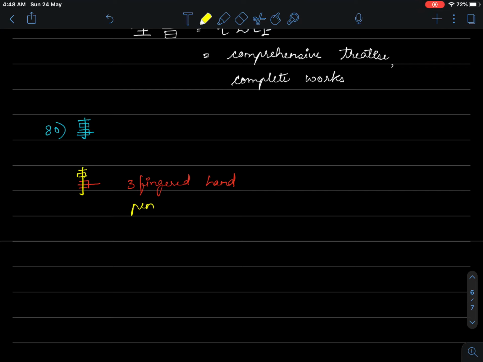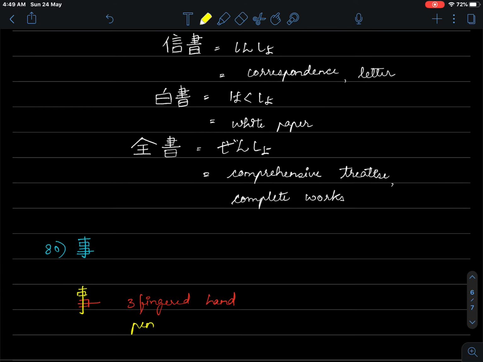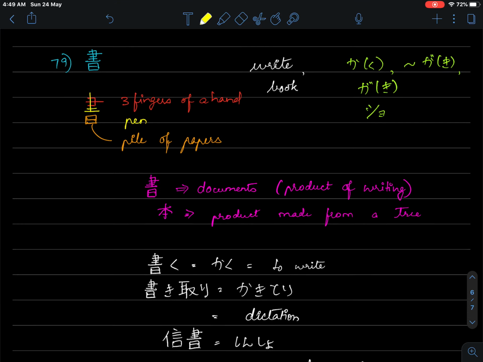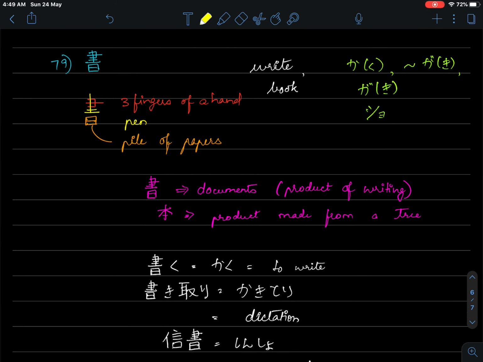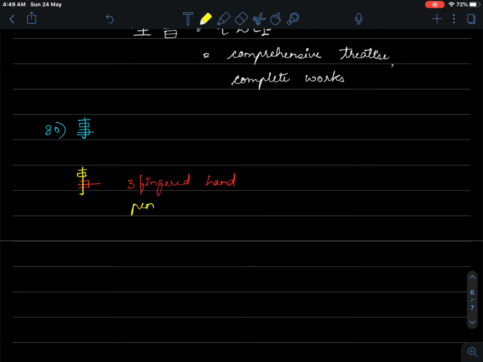But this time the difference is, in the previous example, we had something that the pen was actually resting on, or something that the pen was making contact with, this part here. Whereas in this case the pen is pointing upwards, that is the tip of the pen. If we take this to be the tip of the pen, the tip of the pen is pointing upwards at something.